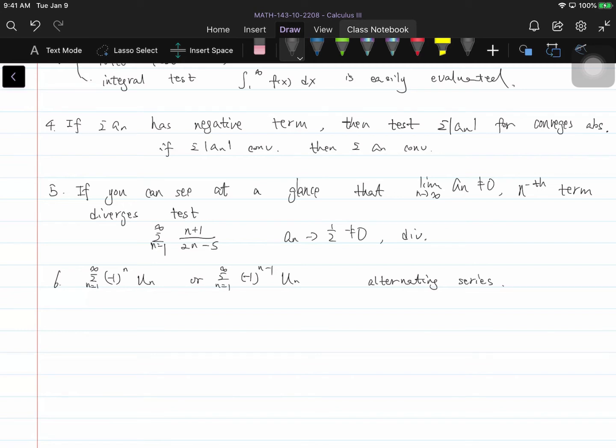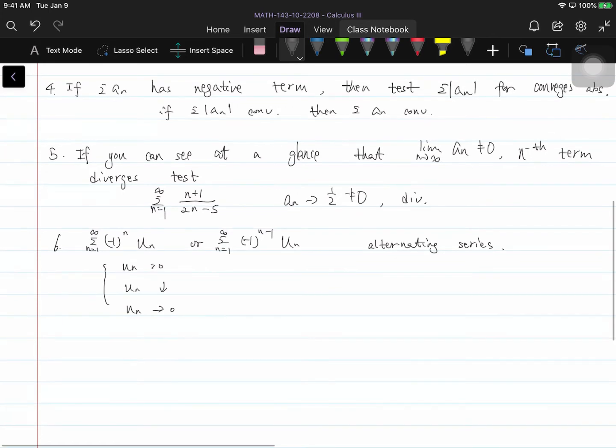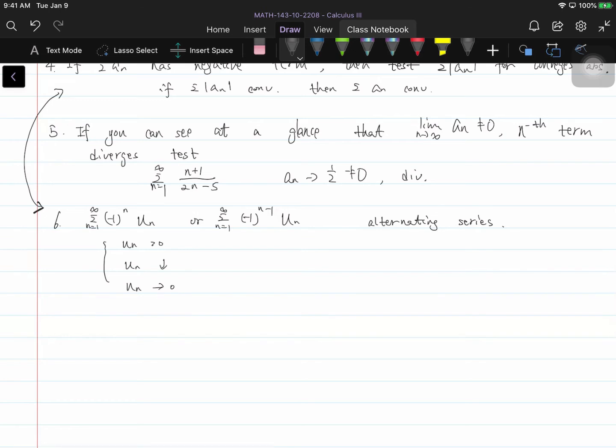For alternating series, we have the alternating series test. The alternating test includes 3 parts: u_n positive, u_n decreasing, and u_n goes to 0. And for alternating series, you can also use number 4, the same thing, because we can make it positive too, and we can say whether it's absolutely convergent or not.